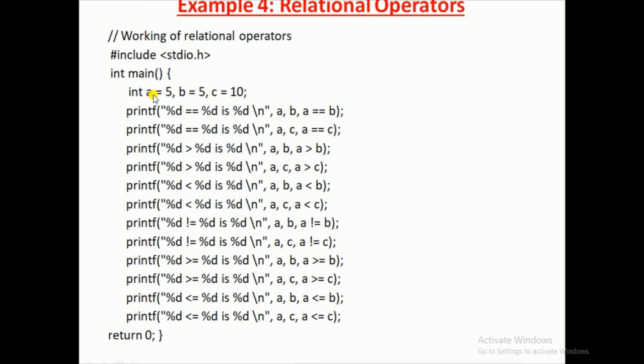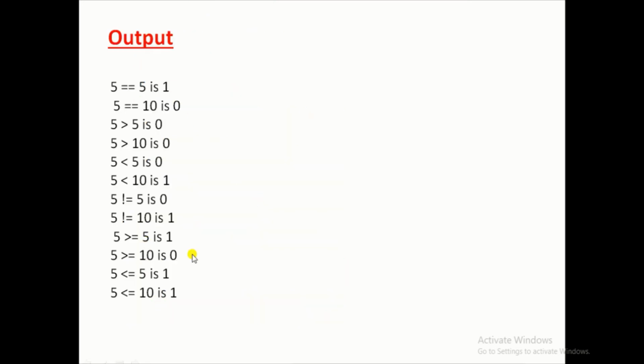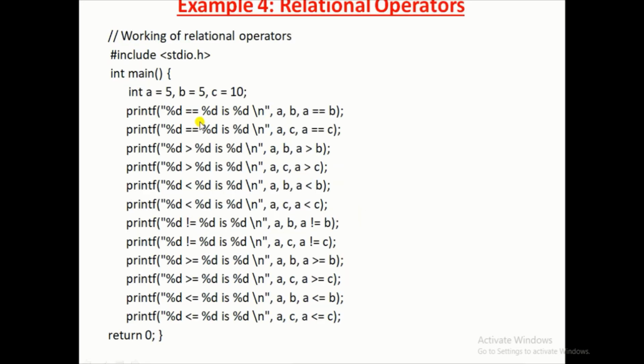In the next slide is an example of how these operators are used. We take 3 variables a, b, c and assign the values 5, 5 and 10, do these operations and get these results. You can practice this code in your system and easily understand how these operators work. In every operation it just checks whether the value is true or false.